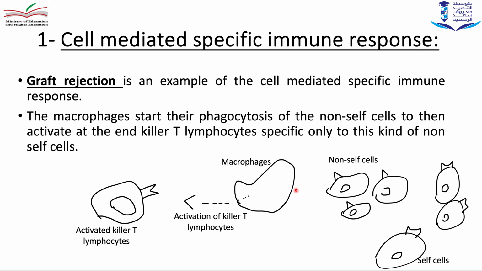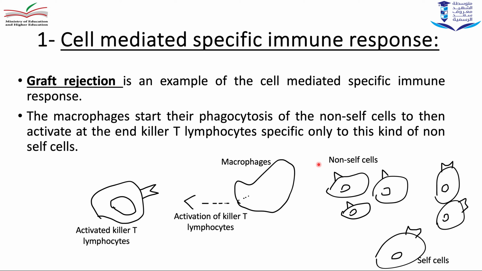After many processes, the first step is the phagocytosis of the non-self cells, and at the end we obtain activation of killer T lymphocytes. Then these killer T lymphocytes move to reach the non-self cells. They bond here, and they lead to the destruction of the non-self cells.